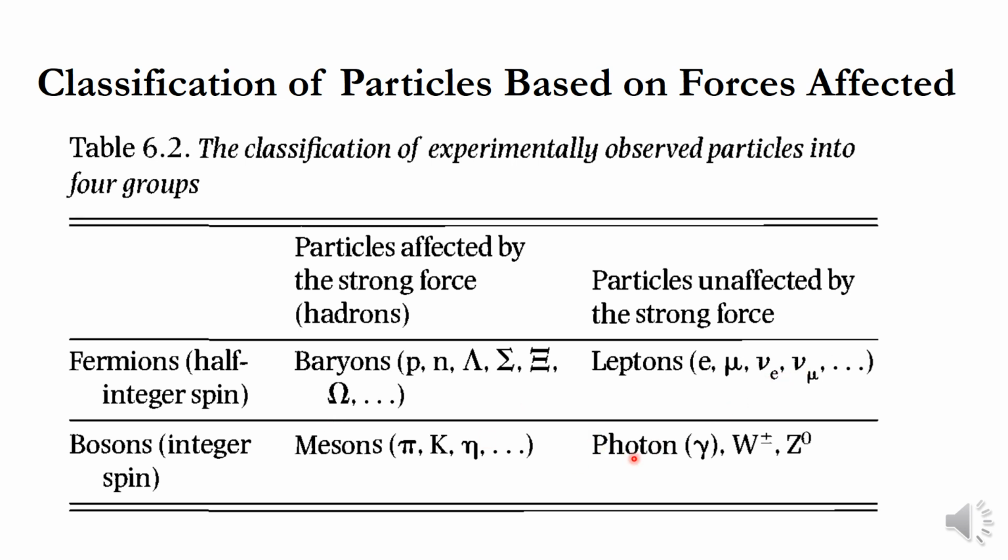Then the bosonic particles which are unaffected by the strong force are generally the carriers, that is the photons, W plus, W minus, Z0, and you can add here gluons and the graviton. They can also belong to this category.